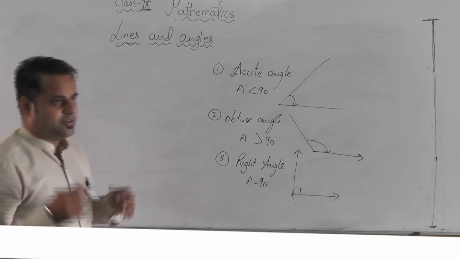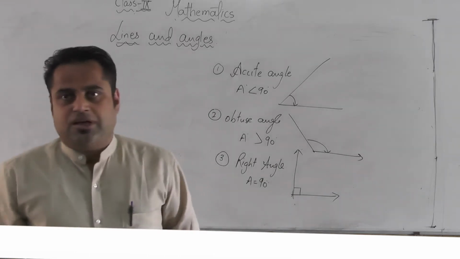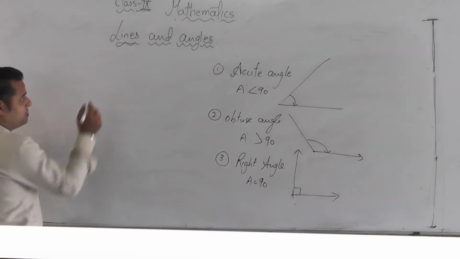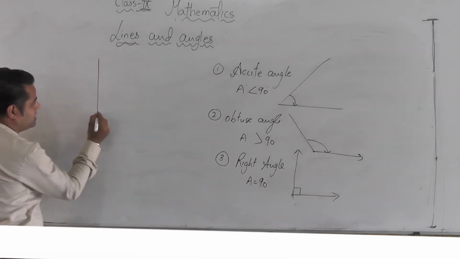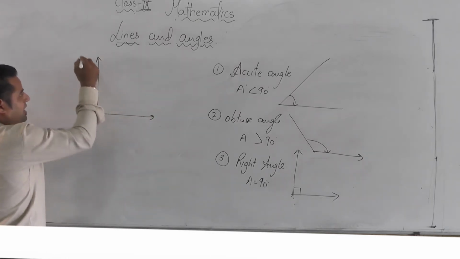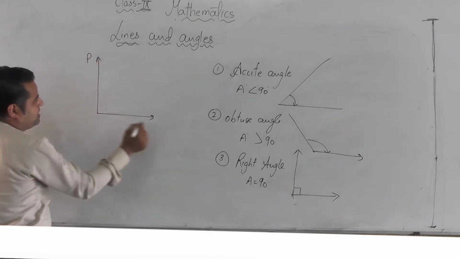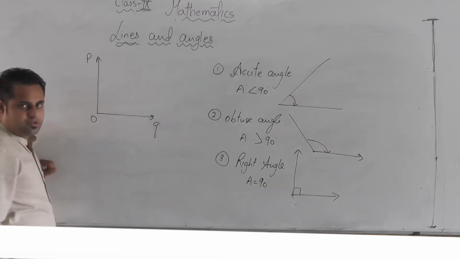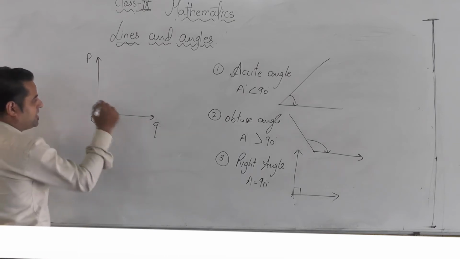Now, what is an angle? If I define angle, the angle is the union of two rays which have a common origin. Suppose this is ray P and this is ray Q, originated from O. So POQ is making an angle.